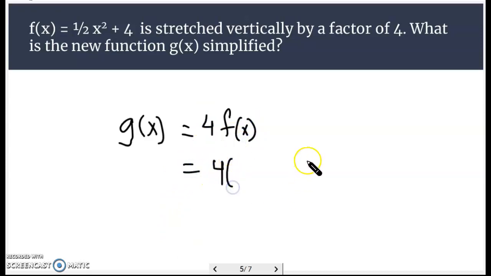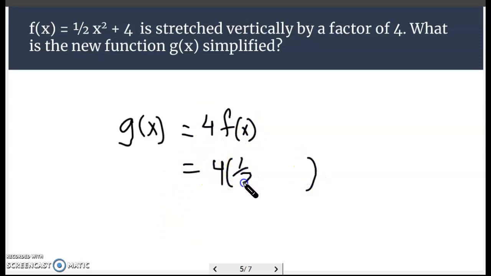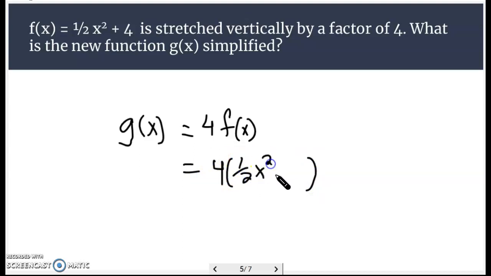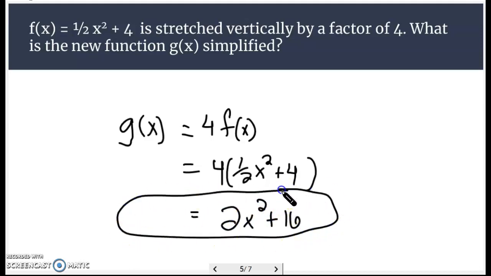So 4 times 1/2 x squared plus 4. 4 times 1/2 is 2, so 2x squared plus 16. That's what the new g of x function is if we stretch it out. And you can see that difference if you were to graph the original 1/2 x squared plus 4 on Desmos, then compare it to this on the same graph.